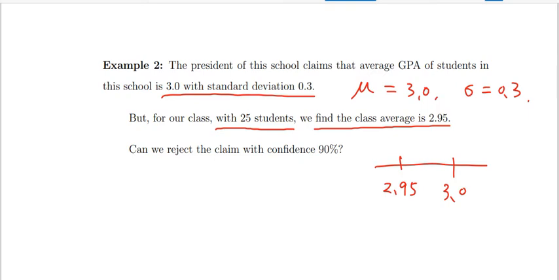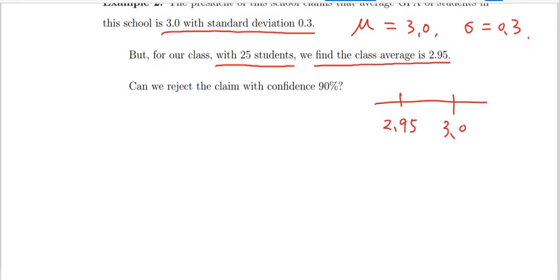In our class it's not 3.0, it's less than 3.0, right? So the question says, can we reject this claim with confidence, like 90%? Or can we say I have 90% confidence to say the claim is not true? So we want to answer those kinds of questions.